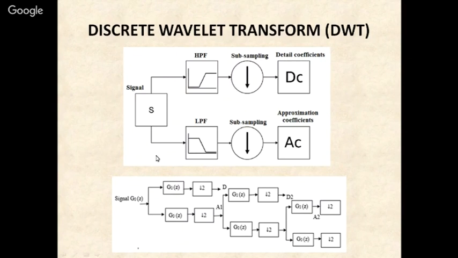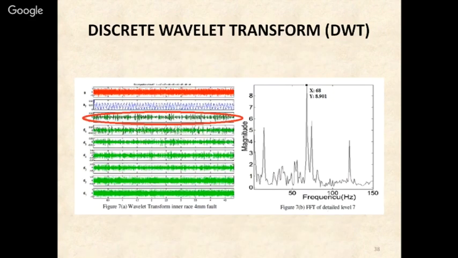Basically, the signal is passed through a high pass filter and then resampled, so that we get the high frequency components of the signal. Similarly, we pass the signal through a low pass filter so that we get the approximation coefficients of the signal.